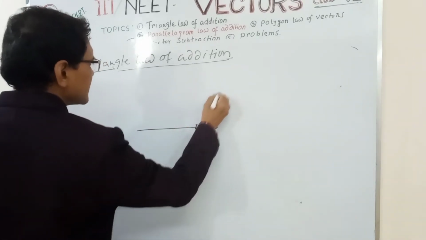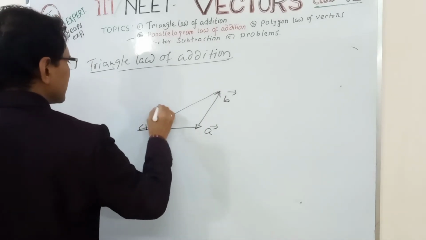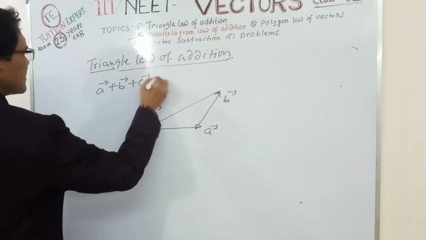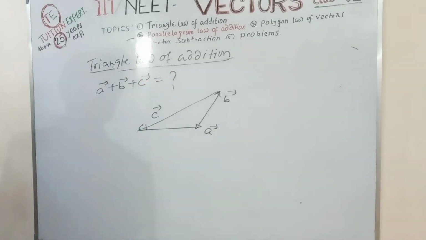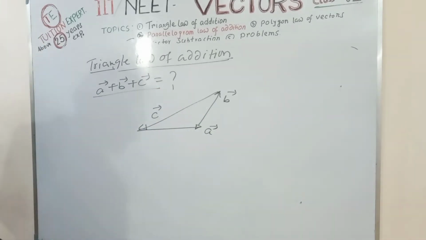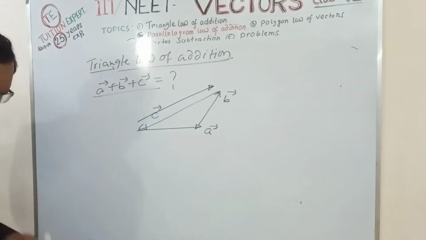The triangle law is very important in many cases. Suppose this is A, this is B, and this is C. What is the result of A plus B plus C, the three sides taken in the same order? How can we calculate this? To calculate, just reverse the direction.